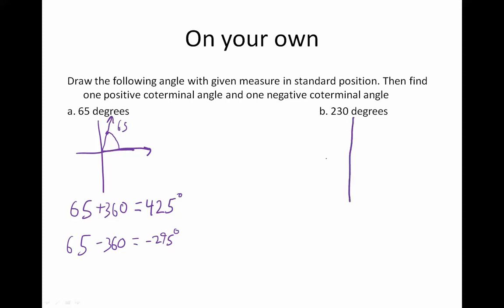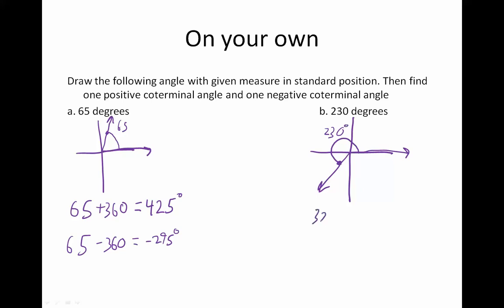Next one, 230 degrees is, let's see, 90, 180, 270. So this is 270. That's a little bit too far, but it is about halfway in between those two. So 230 degrees would be here-ish.